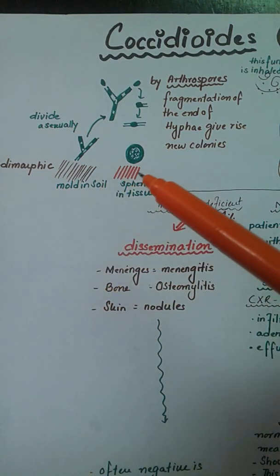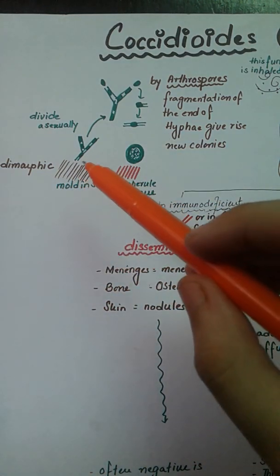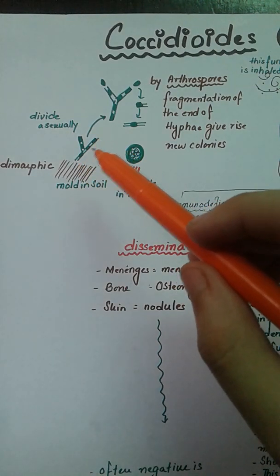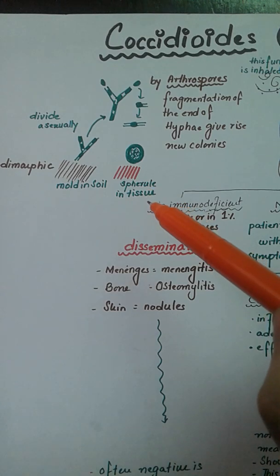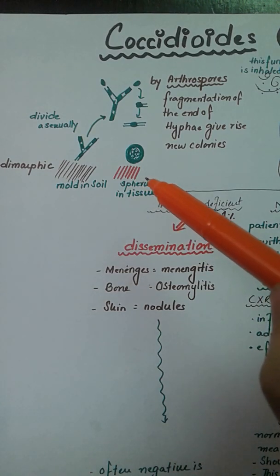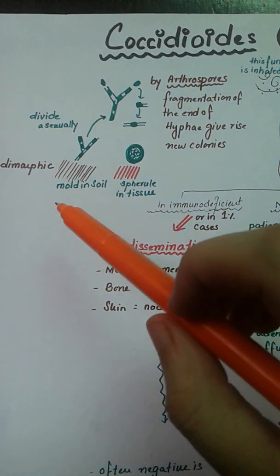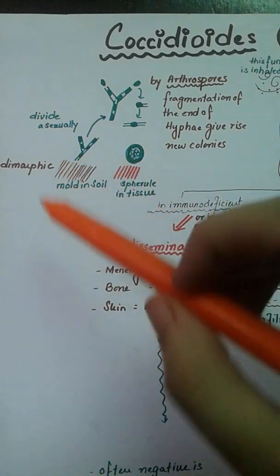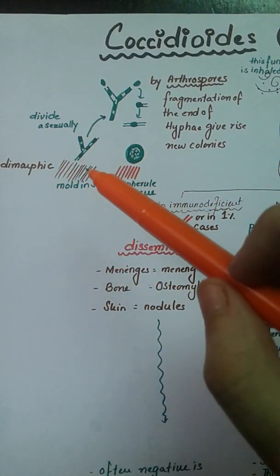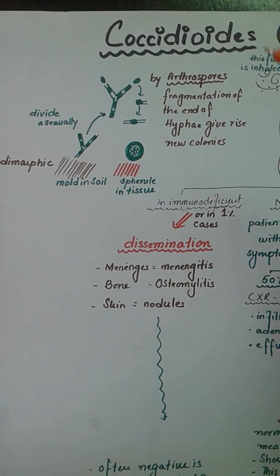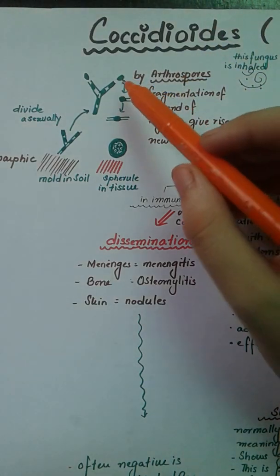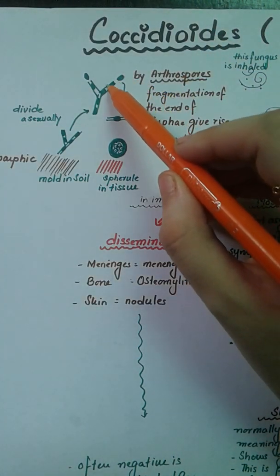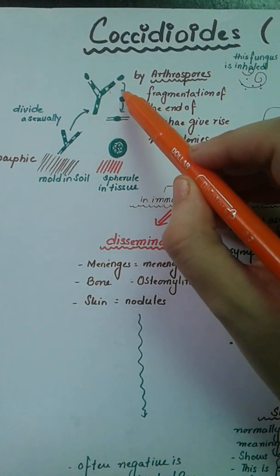a different shape. Inside the soil, it looks like hyphae, which is septate looking, but inside the body, it forms spherules. Now, this organism, when within the soil, divides asexually. The type of division occurring is that it forms arthrospores. Arthrospores meaning that the ends of the hyphae become segmented.